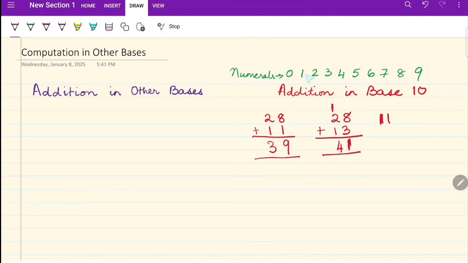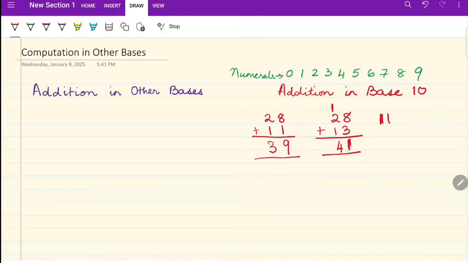So in our base 10 system, the numerals are from 0 to 9. So you cannot put an 11 in the units position or 14 in the tens position. It has to be a single digit. All you can do is carry over. If it is greater than 9, you have to carry it over to the next position, to the left.